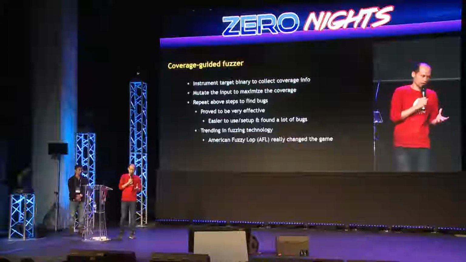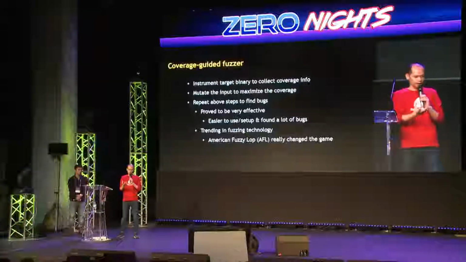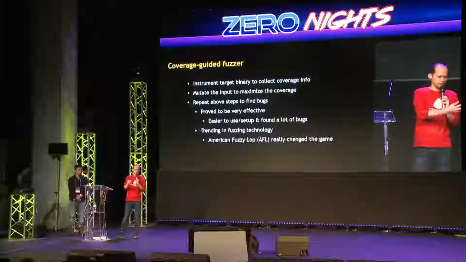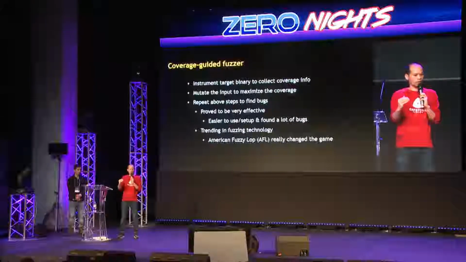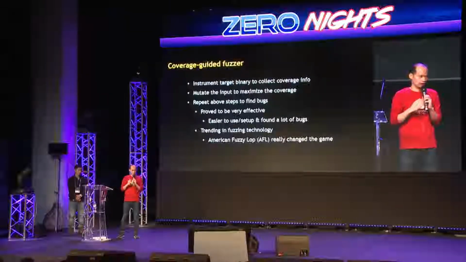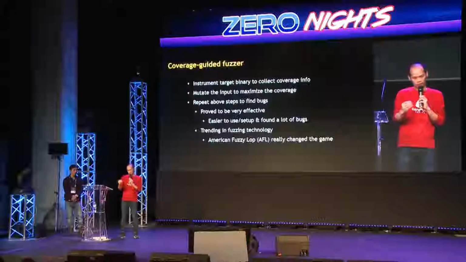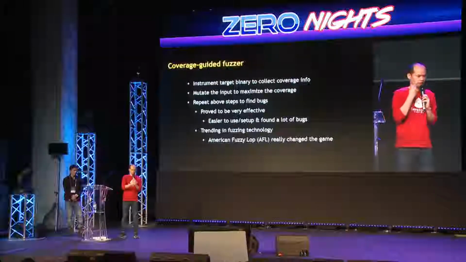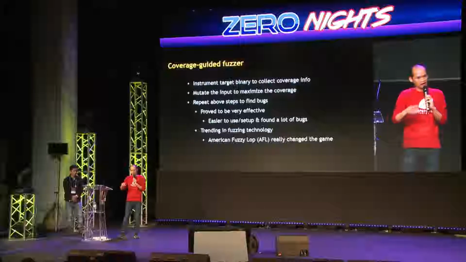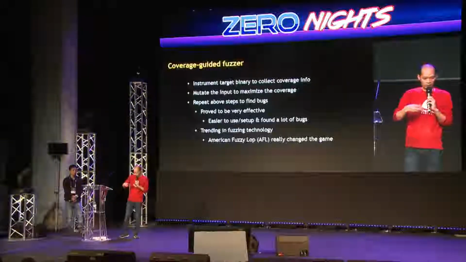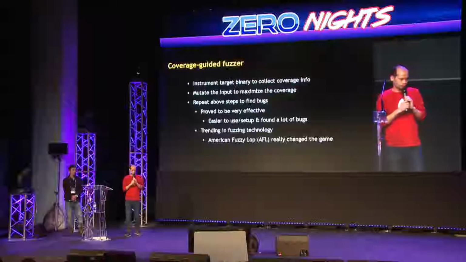The idea of the guided fuzzer is that when we run the program inside the fuzzer, we instrument the program, so we know what's going on when the program runs. Based on the feedback from the instrumentation, the fuzzer can generate better input for the next round, when you run the program again with the new input.